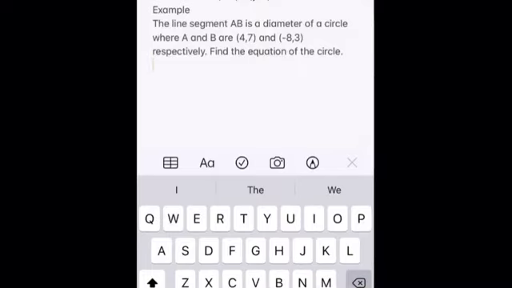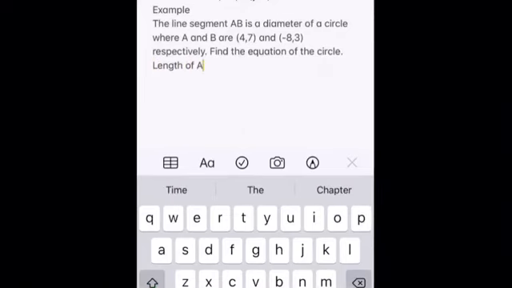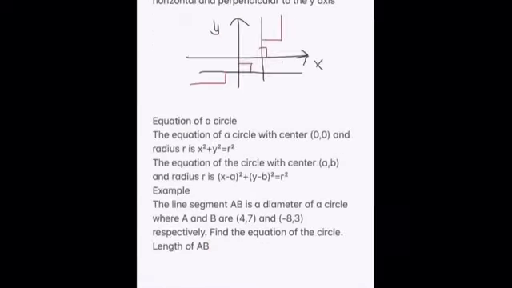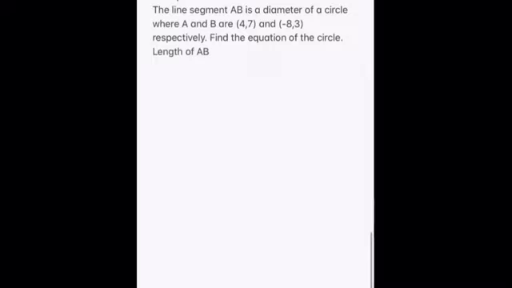In order to find the length of AB, we'll use the formula we looked at before. So it's the square root of (4 minus -8) squared plus (7 minus 3) squared, and we get the square root of 12 squared plus 4 squared, which is the square root of 160.